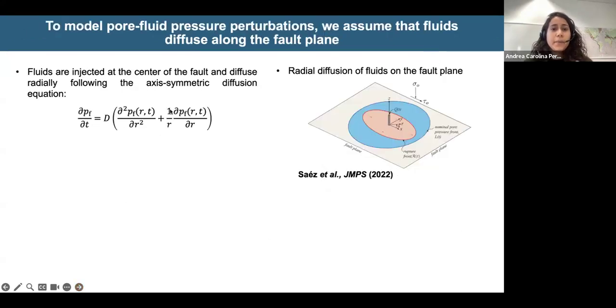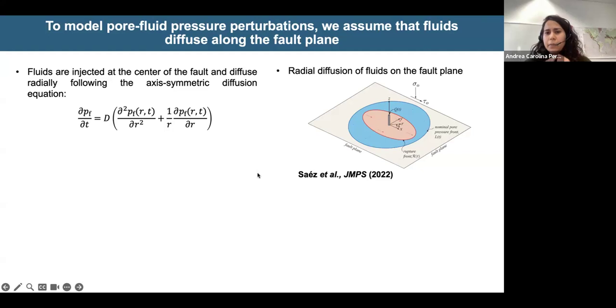So to model the pore pressure perturbations, we assume that fluids diffuse along the fault plane. First, we assume that fluids are injected from the walls of a circular cylinder that you can see here, that is perpendicular to the fault plane, and that they diffuse radially along the fault following this diffusion equation.